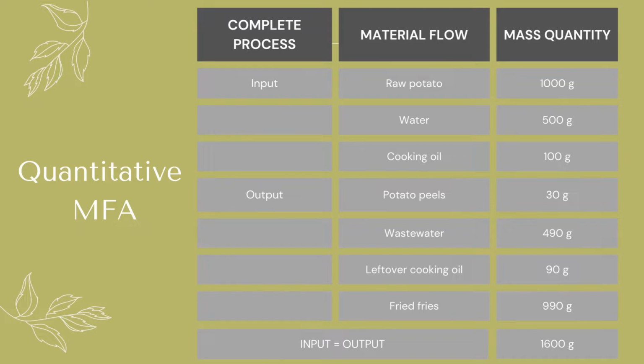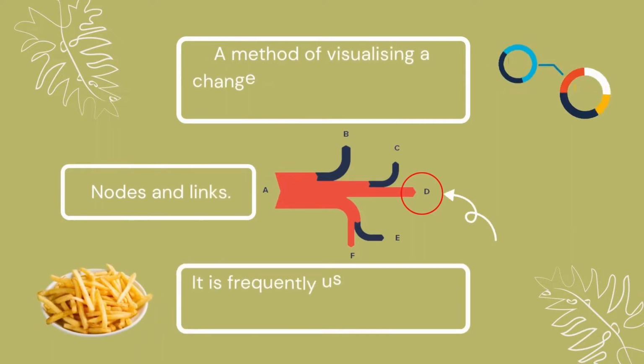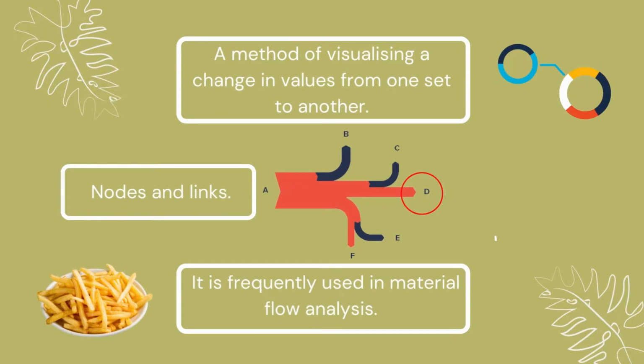To visualize more about the material flows from the process, a Sankey diagram can be used. Next, what is a Sankey diagram? A Sankey diagram is a method of visualizing a change in values from one set to another. Nodes and links are the terms used to describe the connected objects and connection.